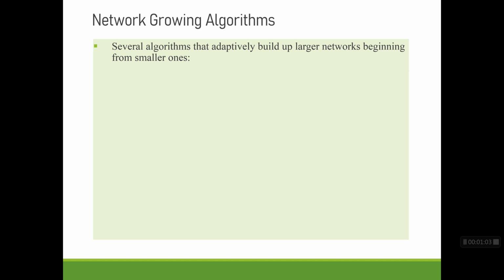That is the reason these algorithms are called network growing algorithms. There are three algorithms: Marchand's algorithm, the neural tree algorithm, and the tiling algorithm. There is one more algorithm as well, called the upstart algorithm, which is not included. So we shall have a look at the first algorithm, which is Marchand's.